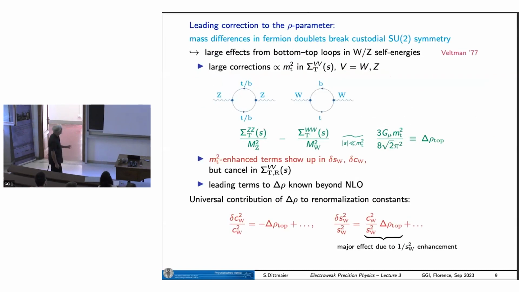Before we do that, I should also mention another type of universal corrections coming with a rho parameter. What is this? I mention at least the name.